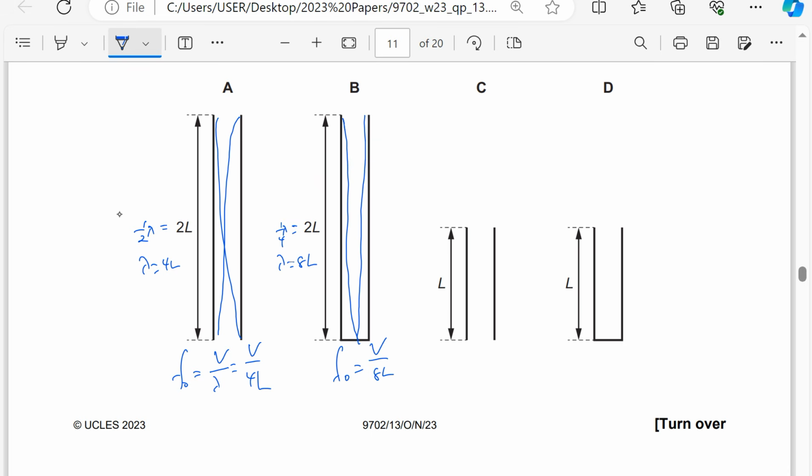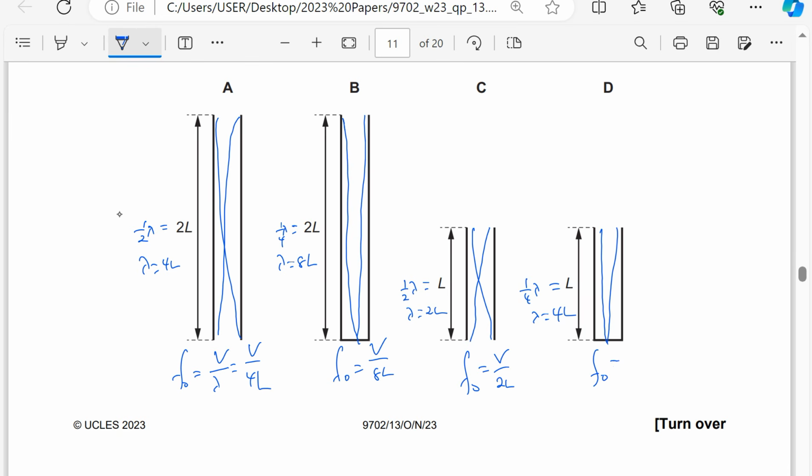And let's check here. L is equal to a quarter plus a quarter, which is a half of a wavelength. So the wavelength here is 2L, and the frequency is V over 2L. Then this one is a quarter cycle. L represents a quarter of a wavelength, so the wavelength is equal to 4L.